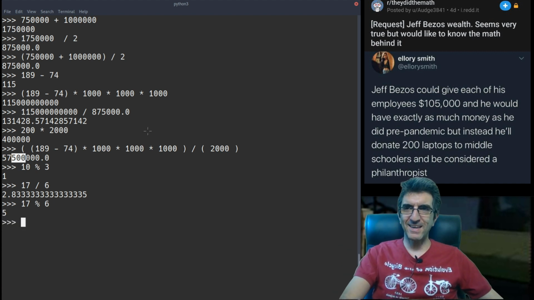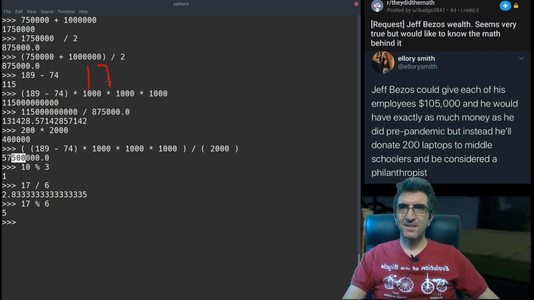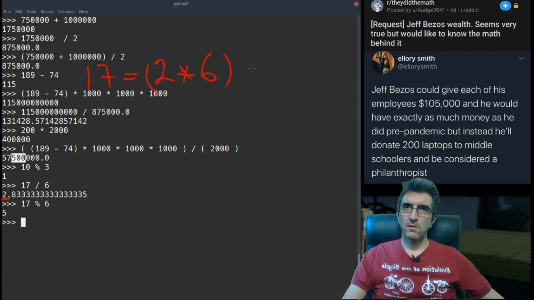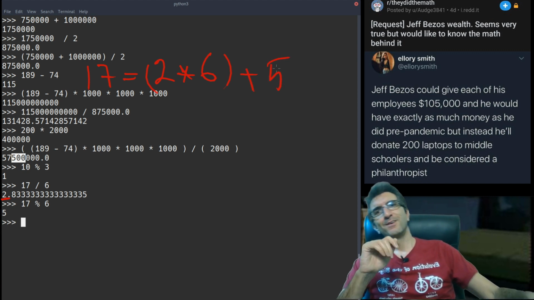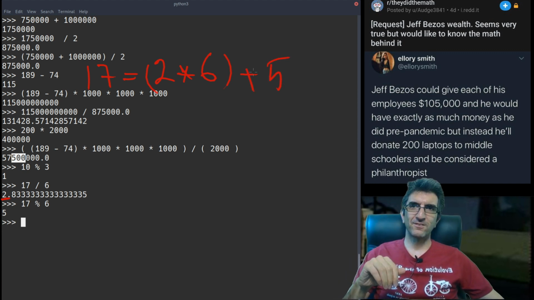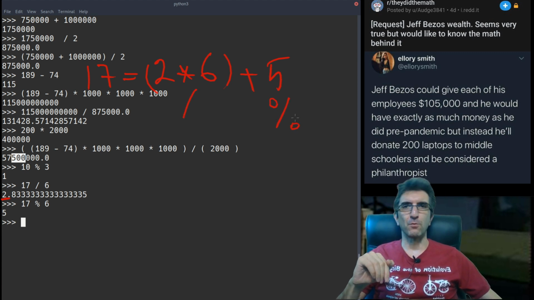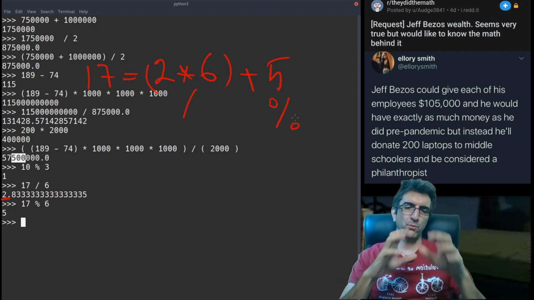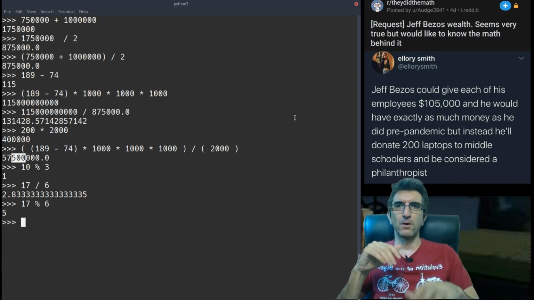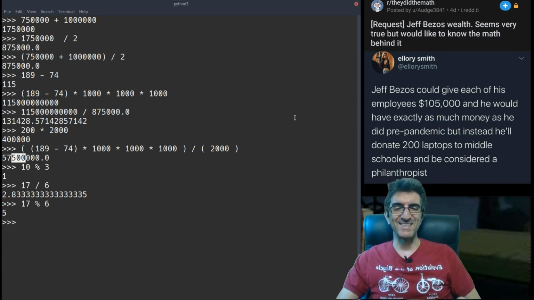So I can say 17 is 2 times 6 plus 5. This is what modulo does. This comes from the division. This comes from the modulo operator. Sometimes this will be used. I just wanted to show it to you. Don't think about it while you don't need it.